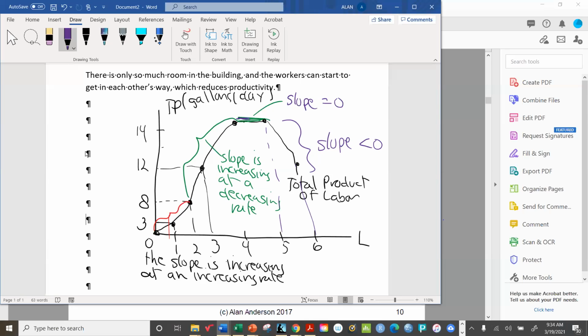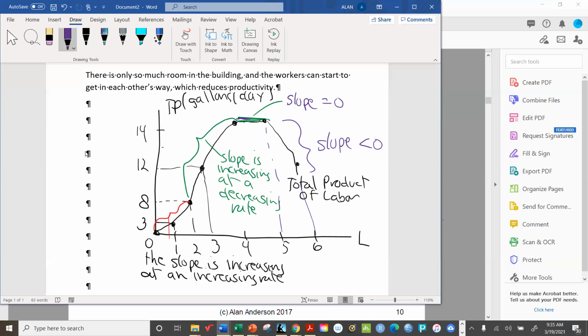Anyway, so this is an important idea. The shape of this curve reflects an extremely important result in economics. In fact, if you were to make up a list of, let's say, the top 10 concepts in economics, what's about to come up next would be definitely a candidate for that list.